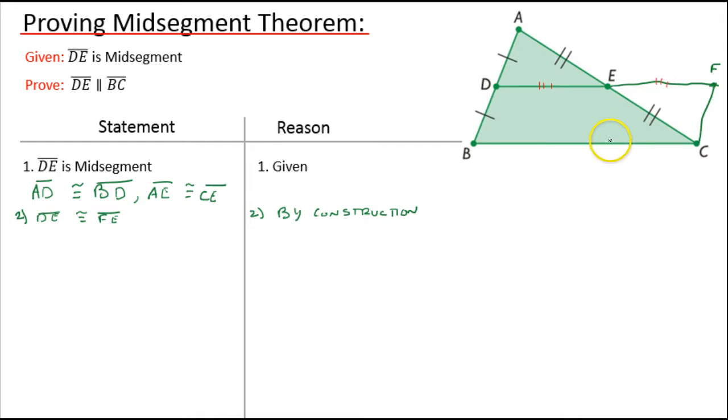Good. So if that's the case, we have these angles here. These angles are known as vertical angles. So I can make another statement now. For 3, I can say angle DEA is congruent to angle, let me flip this around, to angle FEC.